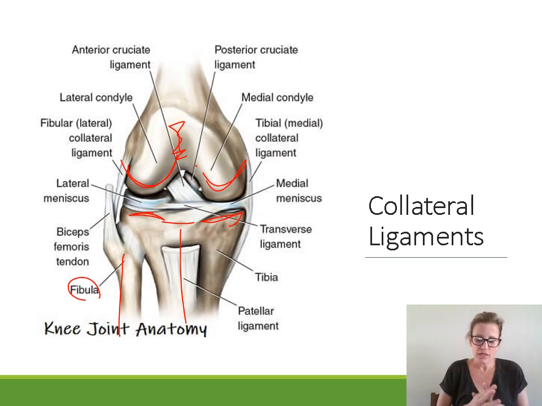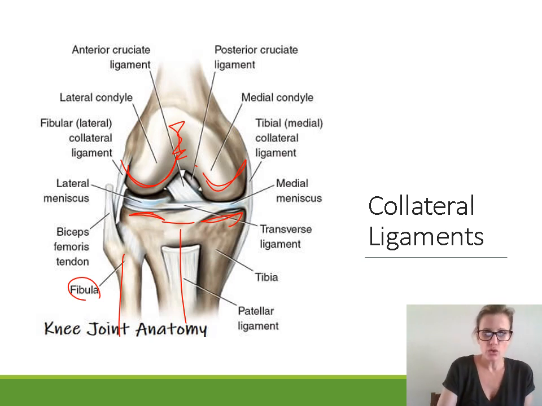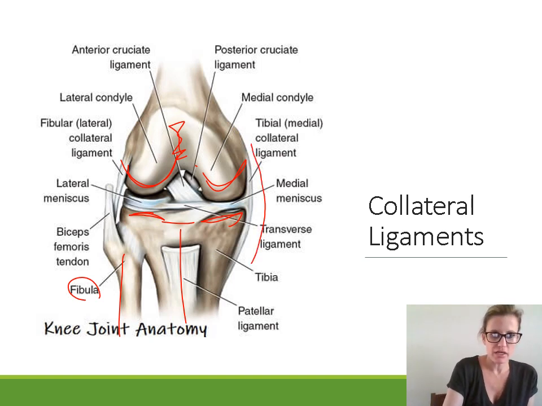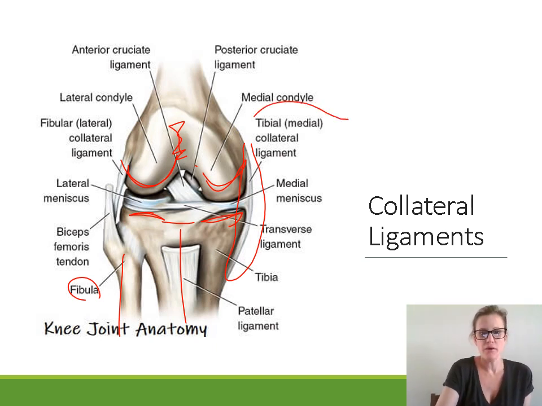The collateral ligaments are going to attach the femur up top down to the tibia or to the fibula. So here on the medial side, right here inside that circle, is the medial collateral ligament. It's also called the tibial collateral ligament.